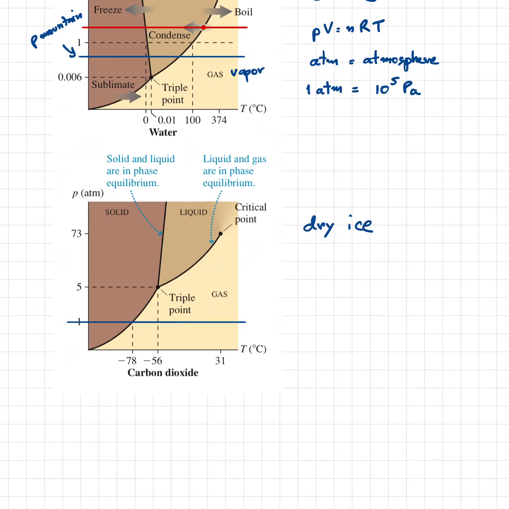So if you really want to see liquid carbon dioxide, you have to increase the pressure to be a lot higher than normal atmospheric pressure. And that's what happens in a tank. Like you probably have seen in a movie a high pressure tank that contains various kinds of gas. In that tank, gas becomes liquid, so it's stored in the liquid form.